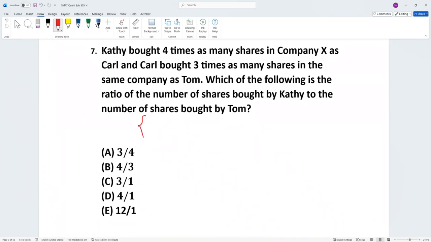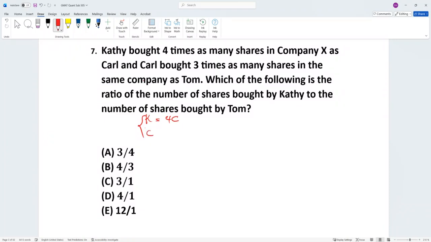Let's say that K is equal to the number of shares bought by Cathy, and C is equal to the number of shares bought by Carl. It says that Cathy bought 4 times as many, so K is equal to 4C.